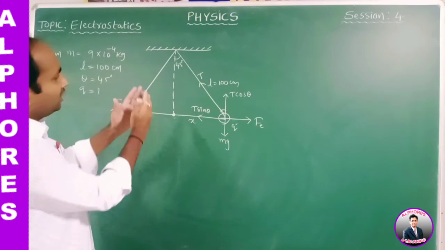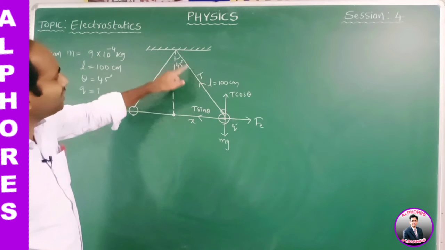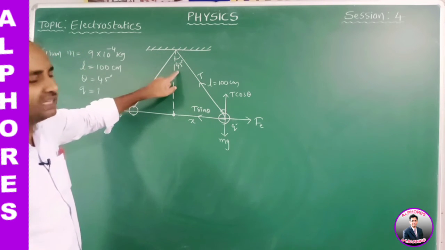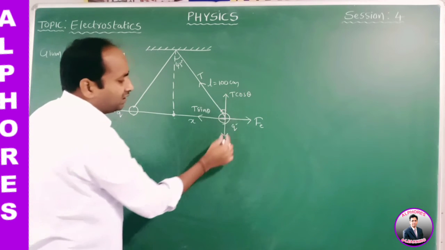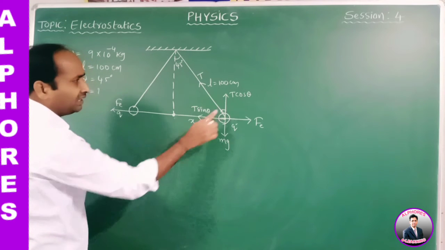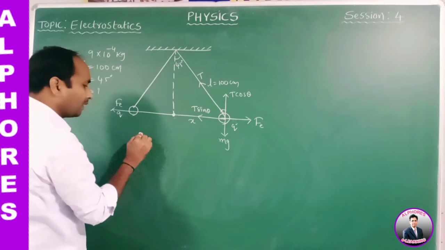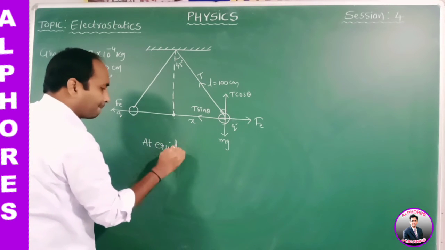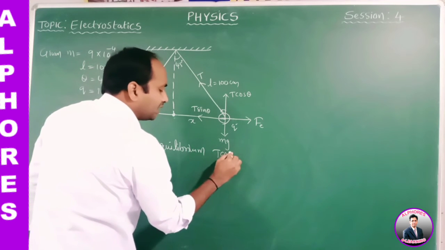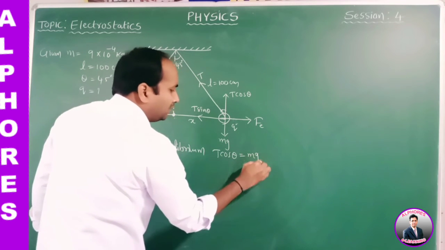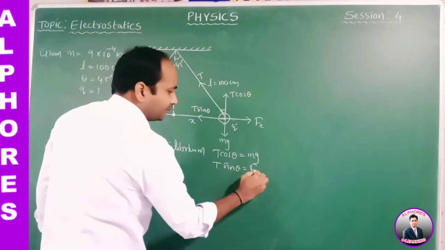The two spheres repel until the string makes an angle of 45 degrees with the vertical. Now, at equilibrium, T cos theta is balanced by mg, and T sin theta is equal to Fe.